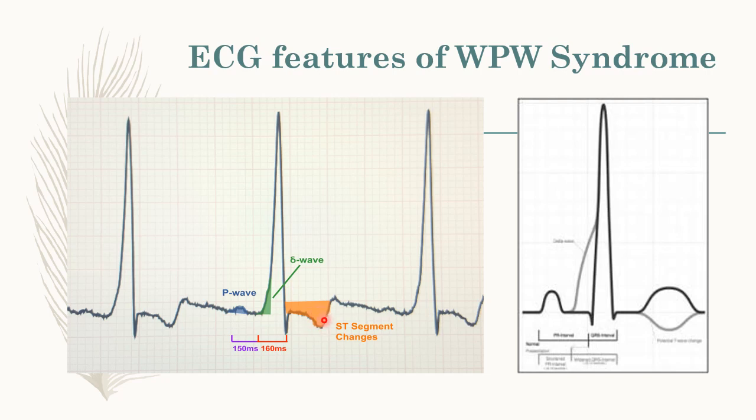The ST segment is directed opposite to the delta wave, meaning the delta wave will be followed by a negative ST segment and inverted T wave, typically with ST segment depression and T wave inversion.